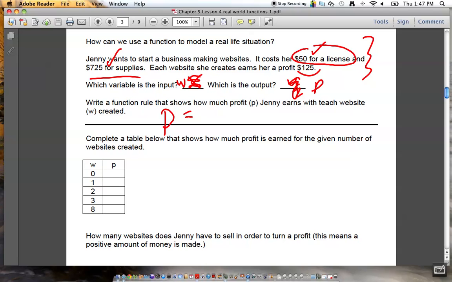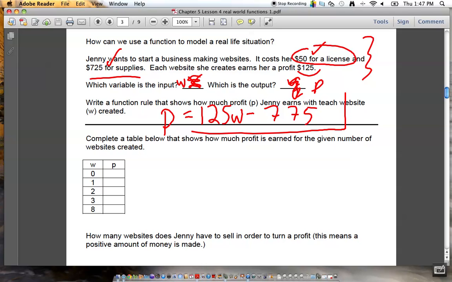Now, money that you pay out, do you take that away from your income or do you add it to your income? Away. So we have to put minus 57.25 for that. And income is 125 for every website. So my function would be P equals 125W minus 57.25.